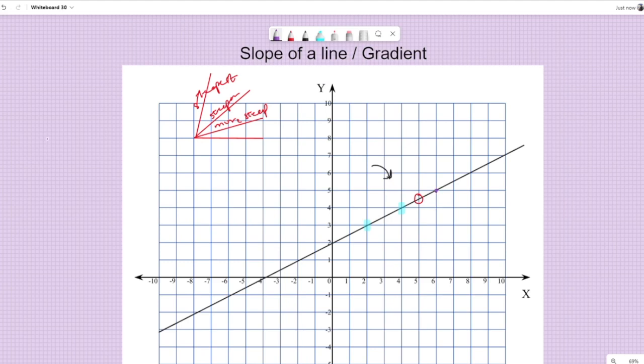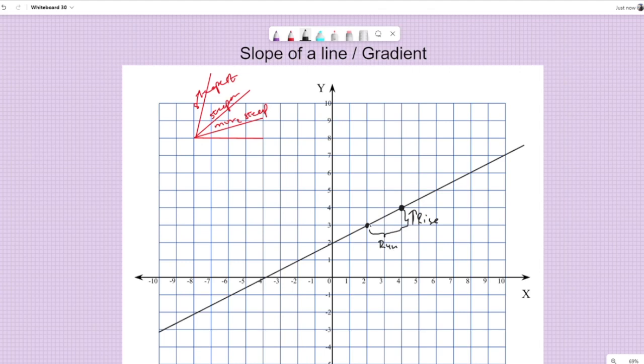Let's say we took these 2 points. You can find any points on the line, as I told you. And now we will find the gradient or slope of the line. The gradient or slope of a line is this over this, which is known as rise over run.